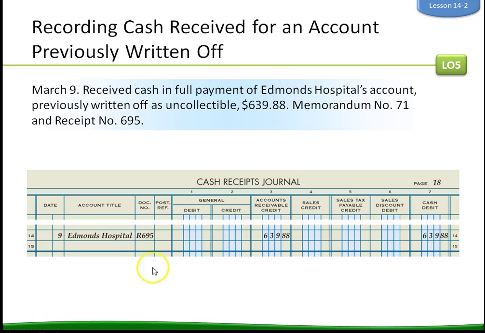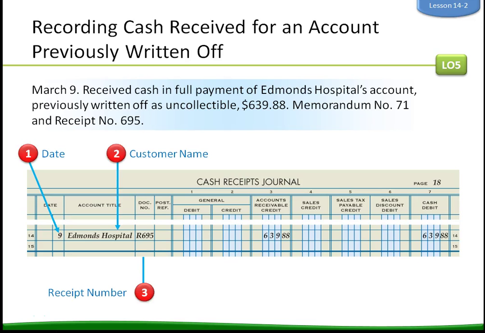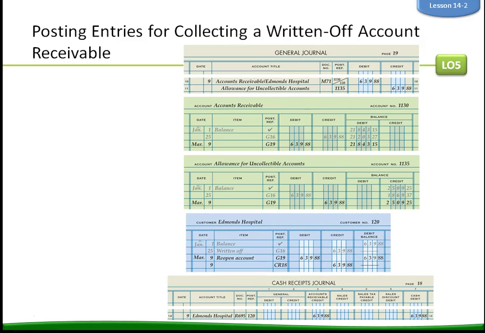We just need to make sure that we put Edmonds Hospital for receipt number 695, received money, and it's a credit. And then cash debit, because it got received into our system and then it has to move somewhere else. And here's where we move it.